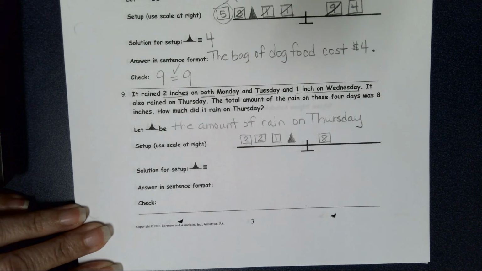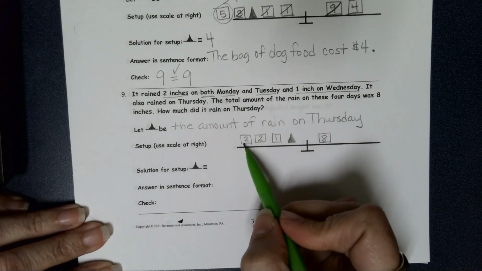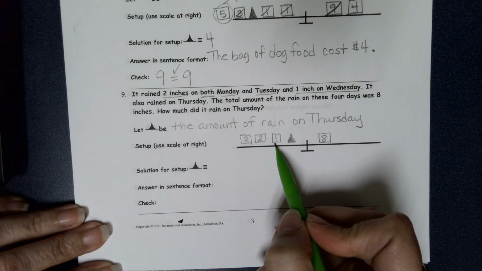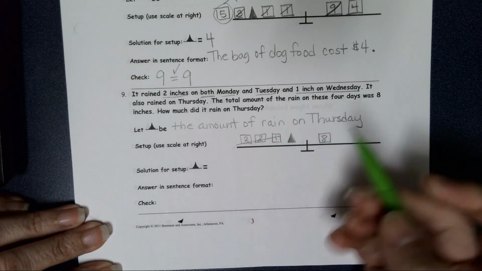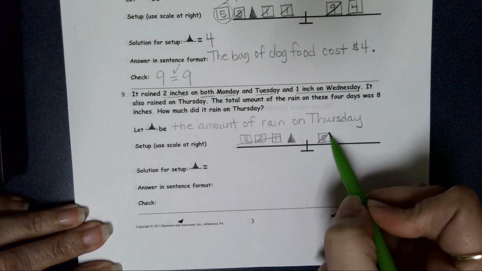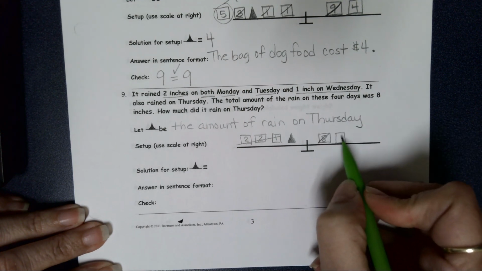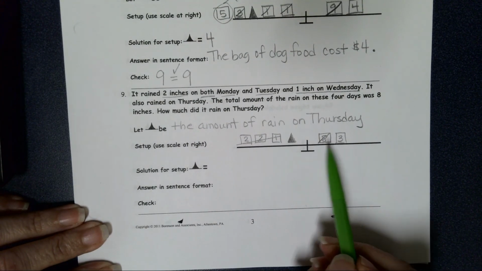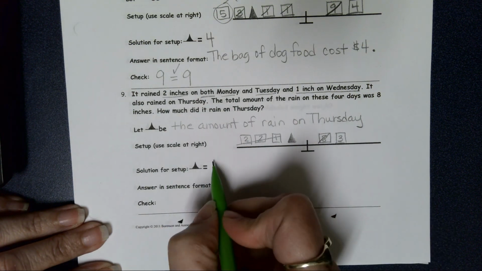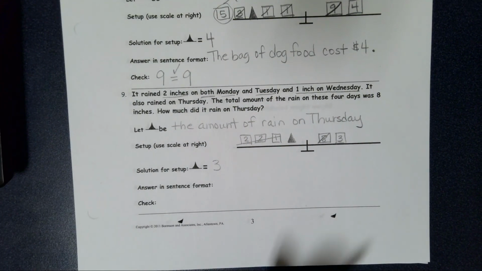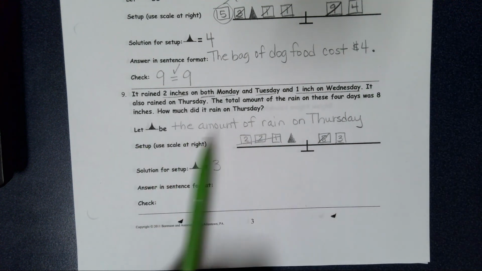So how do we solve this? Well, let's take 2 plus 2, which is 4, and 4 plus 1, which is 5, and take that 5 away from both sides. That will cancel out here, and if I take away 5 here, I am left with 3. Now we have pawn equals 3. So the solution for the setup is pawn equals 3. Now what does that mean? Well, we said originally that the pawn was the amount of rain on Thursday.